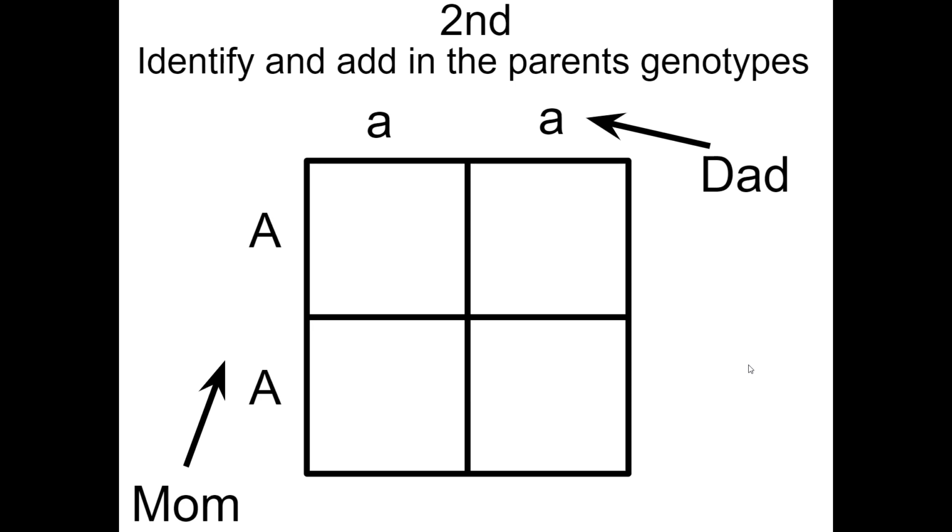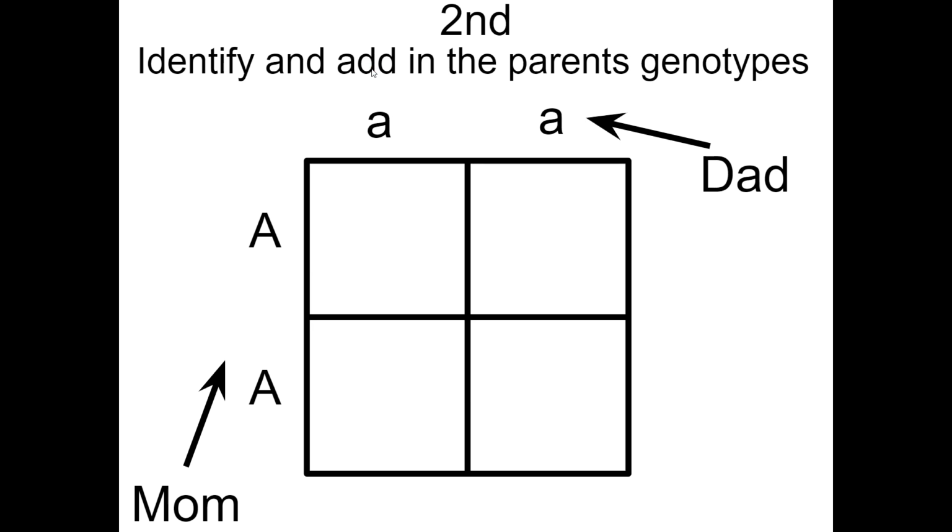Identify and add the parents with the genotypes. The dad was homozygous recessive. So you'll put the dad on the top and the mom on the side. That is not necessarily the way it has to be, but for our class and for our purposes, let's put the male on top and the female on the side, please. It makes it easier for my marking and also for continuity.